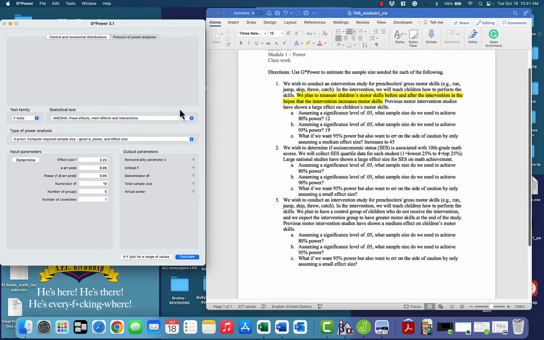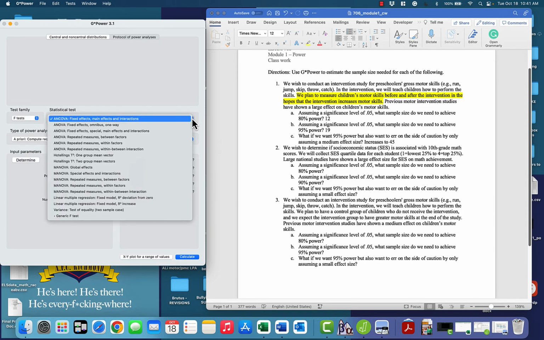All right, and when we go over to the statistical tests, we've got a few ANOVA options here, okay? And really we need to decide between the fixed effects omnibus one-way or the fixed effects with special main effects and interactions. So here we are just interested in the fixed effects omnibus one-way, all right? So that means we've got one predictor with more than 2 categories, which is SES.